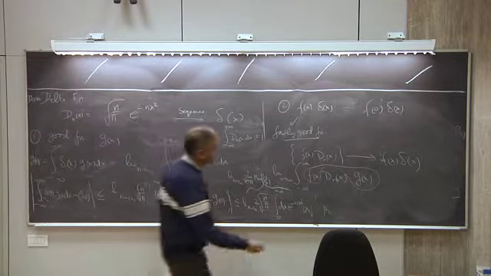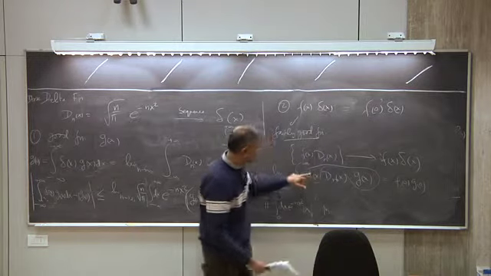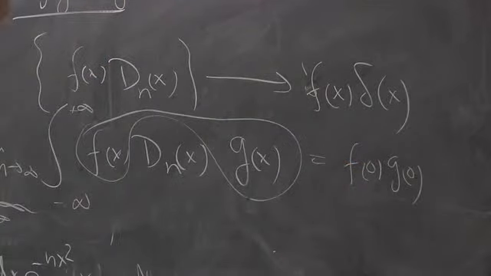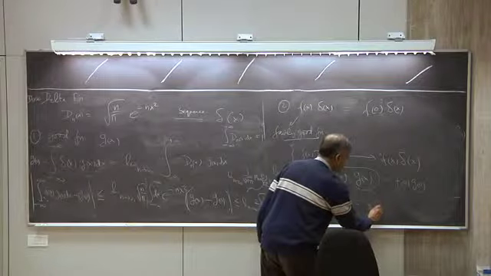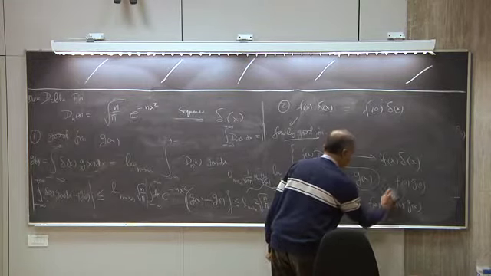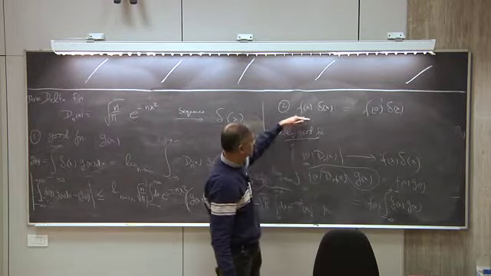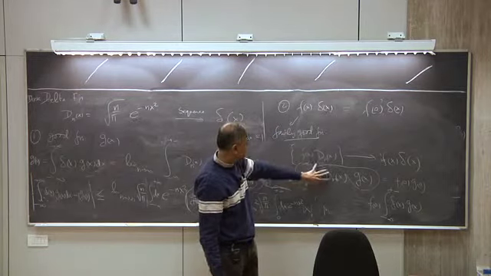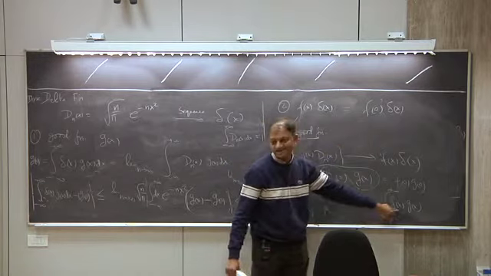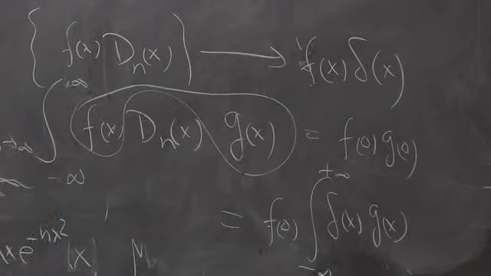So therefore, this is going to be equal to f of 0 times g at 0, because now I'm taking the good function to be this times that, right? But that is the same as f of 0 times the integral of delta x g of x, right? Because g of 0 is the same as that. So that proves that this statement is true, because you see that this was the integral of f of x delta x g of x, and that is the same as f of 0 times delta x. I mean, this was almost obvious, so I didn't have to go through that.